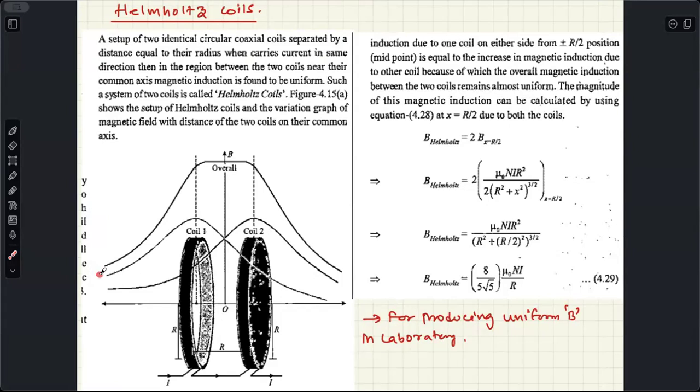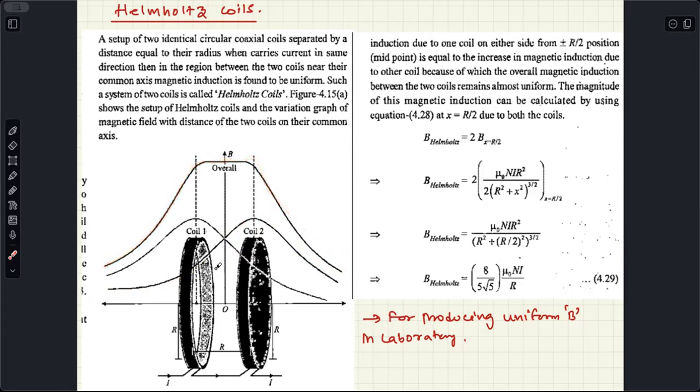Forget about coil 2. In the absence of coil 2, this is the graph for the magnetic field. In the absence of coil 1, this will be the graph for coil 2. When both are present, almost in between this region, the field will be uniform.